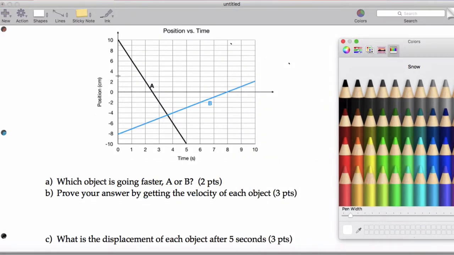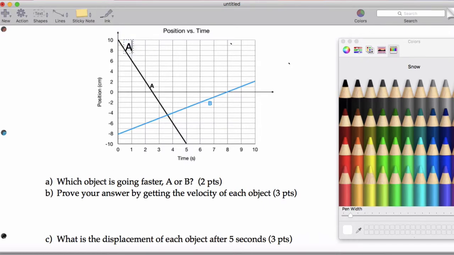going faster. And let's be clear, A may be going backwards. I totally acknowledge that. So A is in fact going backwards. And so its velocity is negative, but that has nothing to do with whether it's going faster or slower.